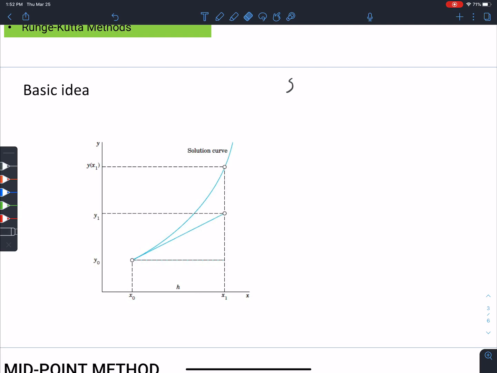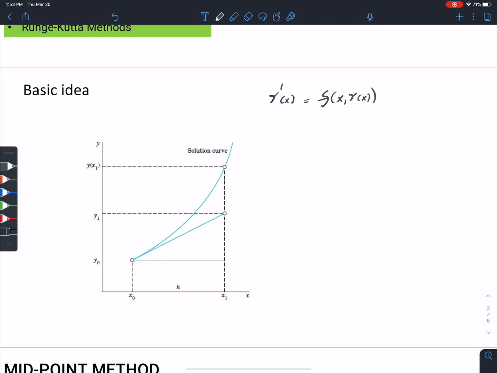Maybe I'll use y prime here instead to match the figure. Let's say y prime of x is equal to some given function of the independent variable as well as the dependent variable, which we'll call y of x, right?